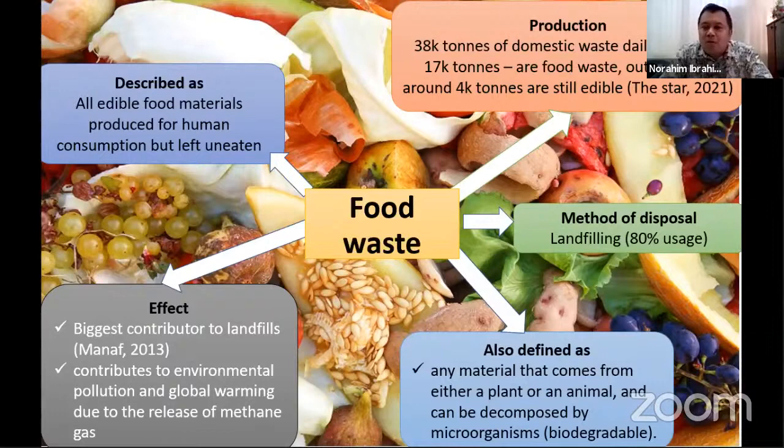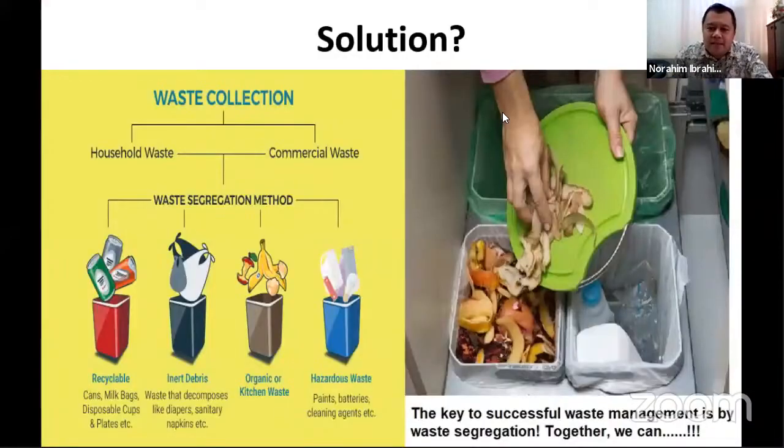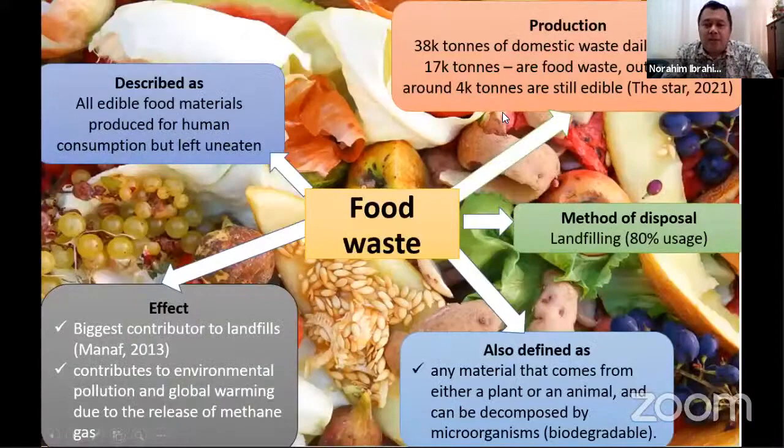So how much food waste are we producing in our country? According to the report by the STAR, we produce about 38,000 tons, which is equivalent to 38 million kilograms of food waste every day.